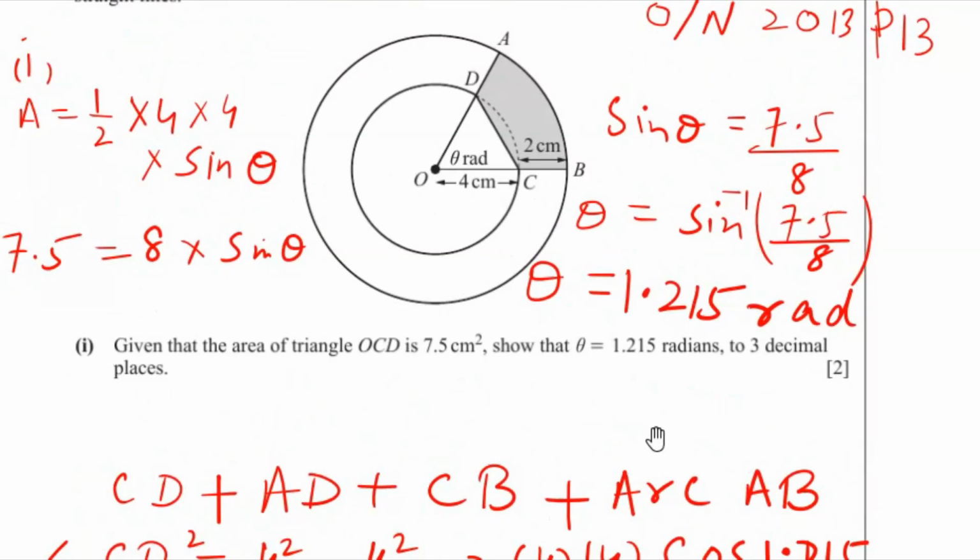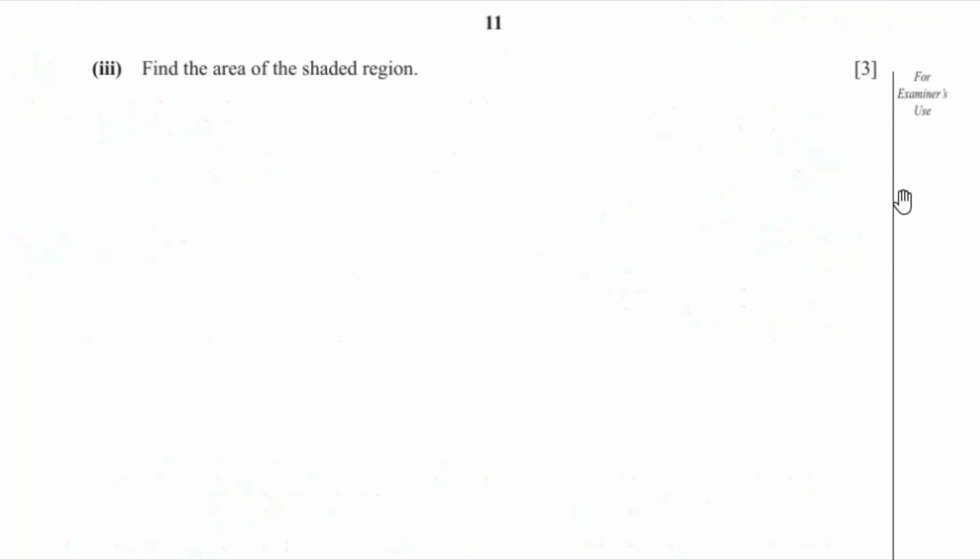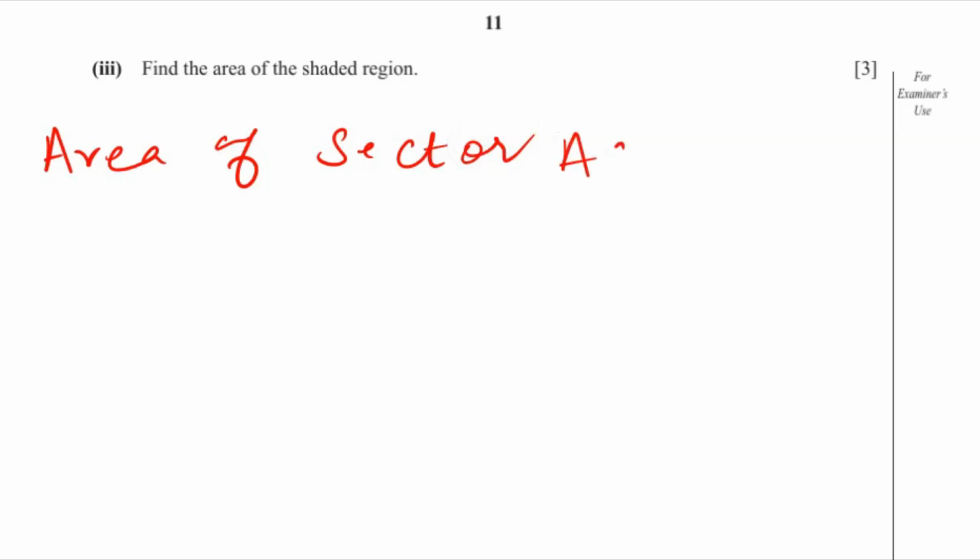You can see the area of the whole diagram represents the area of the sector of circle AOB. So first we have to find the area of sector AOB.